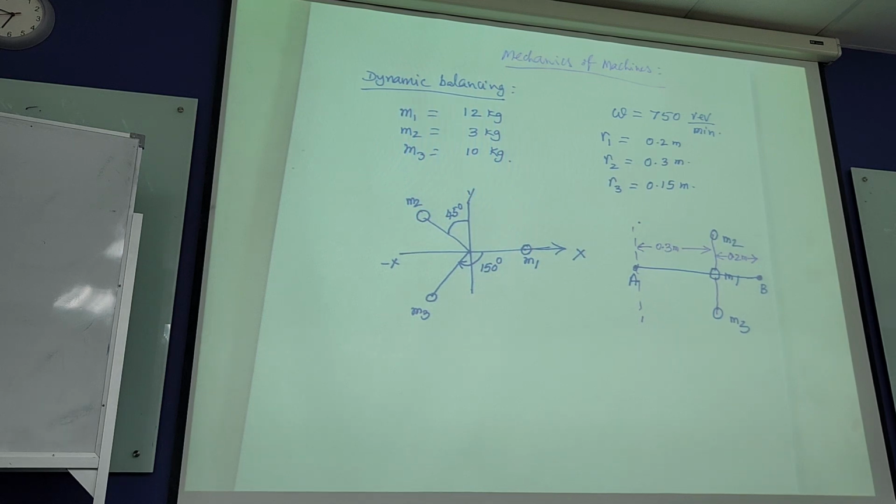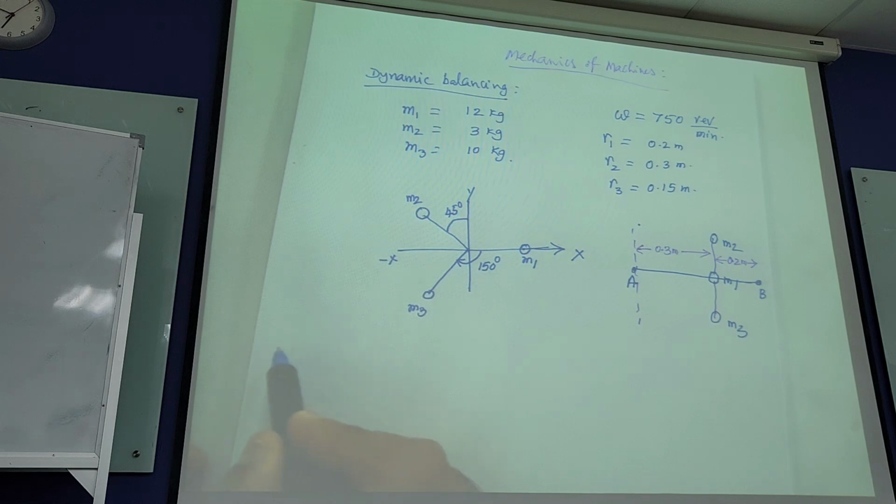So now we have to calculate this MA, RA, MB, RB. Okay, so this is all given data including the sketches.